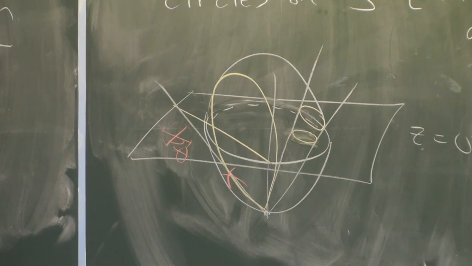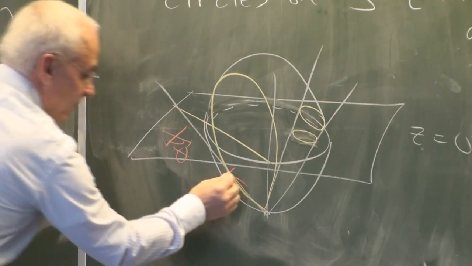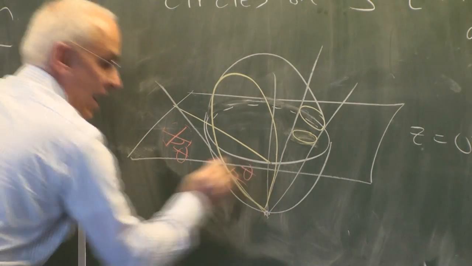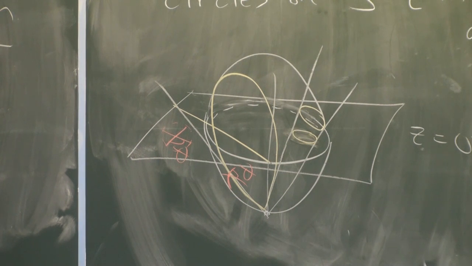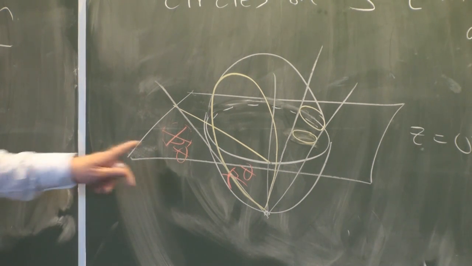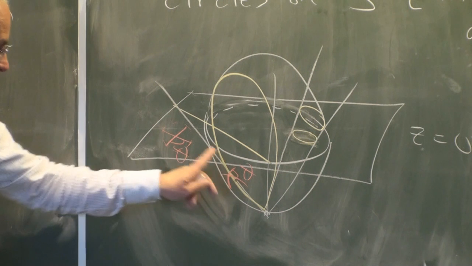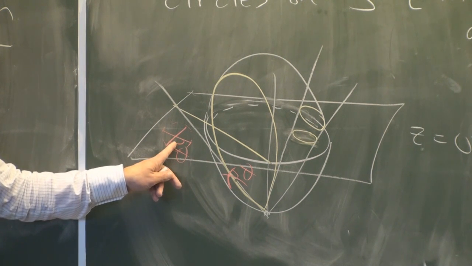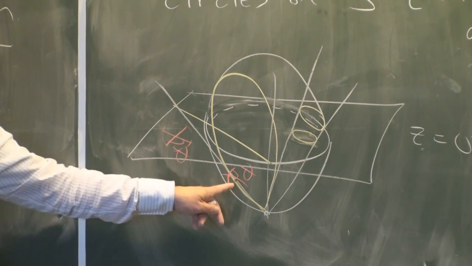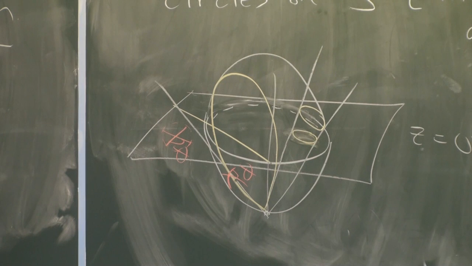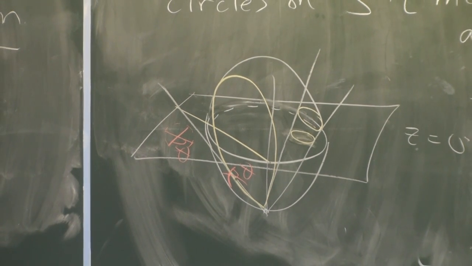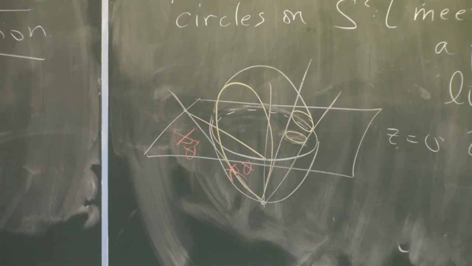But those two curved circles are going to meet tangentially also at some angle. And we're claiming that the angle at which these two circles meet is exactly the same angle that the original two lines meet. That's the conformal property of the stereographic projection.